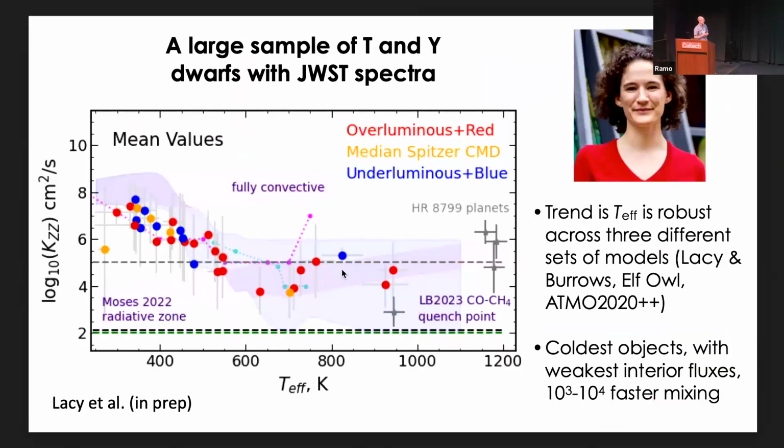This is a paper by Brianna Lacy, who's a postdoc at NASA Ames Research Center now. She's looked at about 20 objects that all have really high quality JWST spectra from two big programs led by Jackie Faherty and Mike Cushing, trying to determine these mixing and atmospheric abundances as a function of temperature.